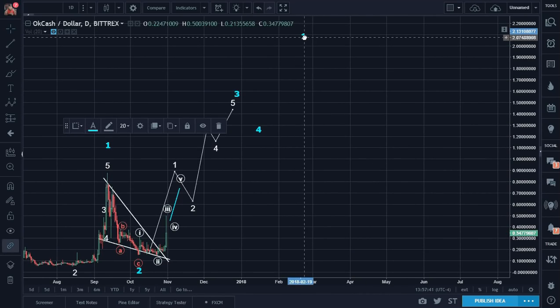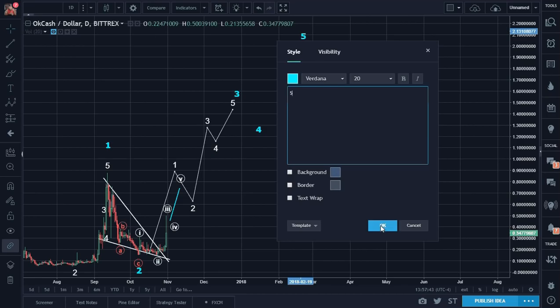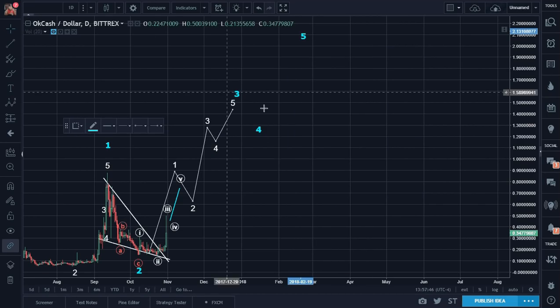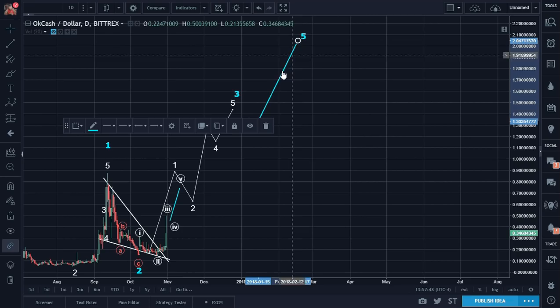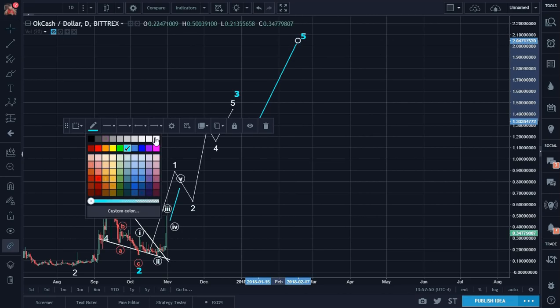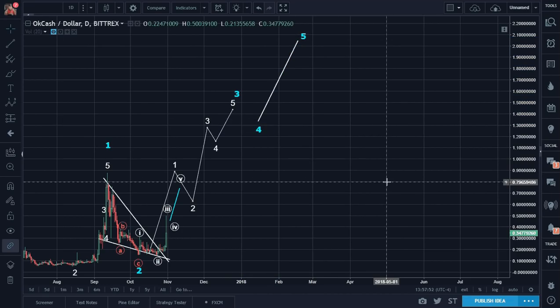Holy cow. And then a 5. Do you see it? So from 34 cents currently, that would be equivalent to about 6-fold.